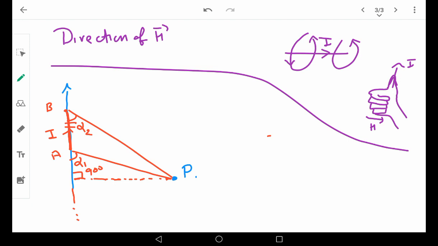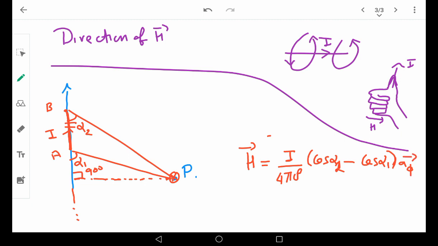Right. Now, I can find out the magnetic field at the point P, given by H equal to I by 4 pi rho, times cos alpha 2 minus cos alpha 1, in the A phi direction, where this length is rho.